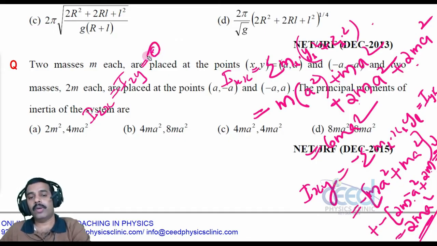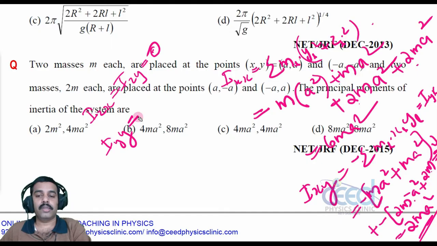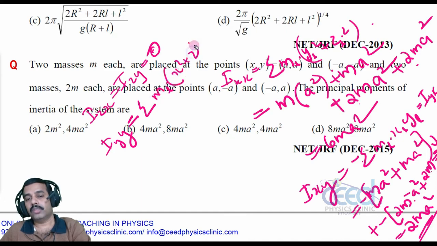right? And what about Iyy? That also we can find out, that is sigma mi (x square plus z square).